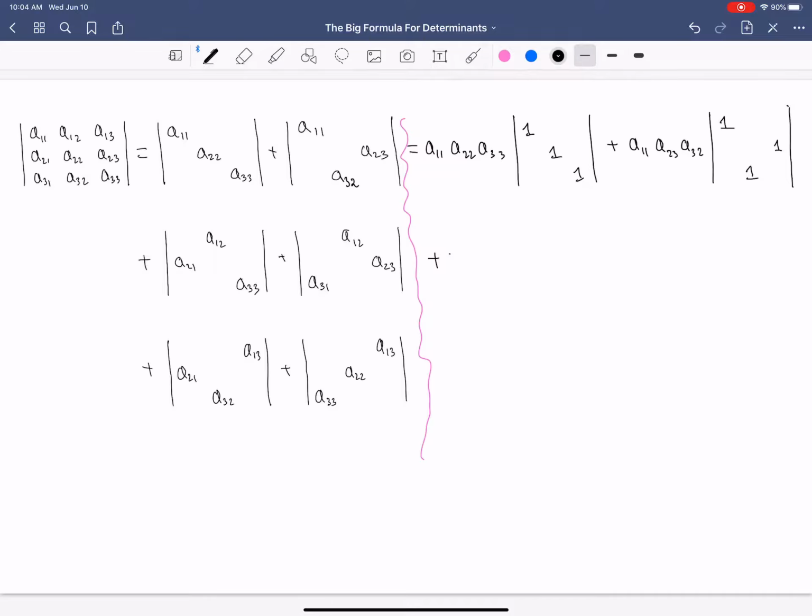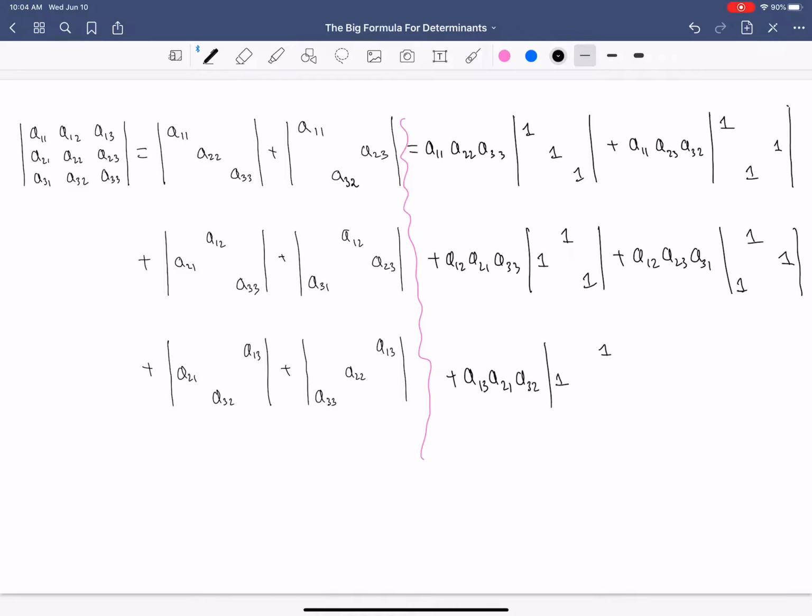Okay, then we have A12, A21, A33 times 1, 1, 1 plus A12, A23, A31 times 1, 1, 1 plus A13, A21, A32 times 1, 1, 1 plus A13, A22, A33 times 1, 1, 1.